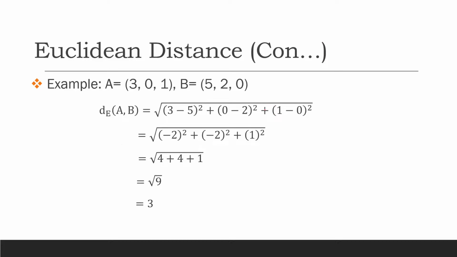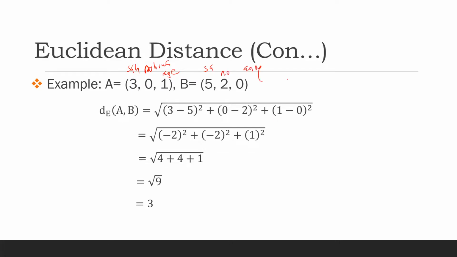Okay, let's think about student A. His salary is 3. Let's think about these 3 attributes: salary, number of houses, and age. Similarly, this one is salary, number of houses, and age.